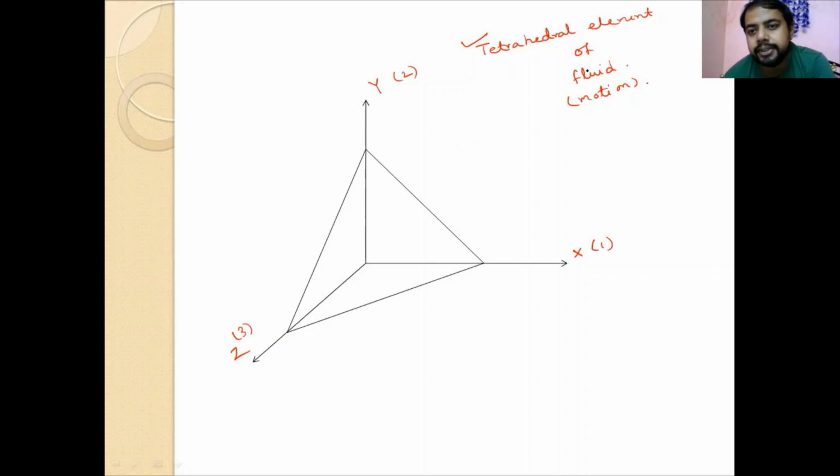Because how many surfaces are there? There are a total of 4 surfaces. Out of 4 surfaces, 3 surfaces are special surfaces.